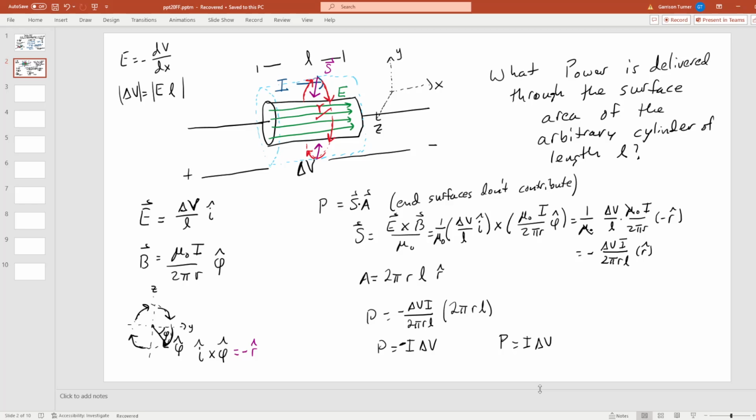Okay, so there's a very interesting subtle point here. And that is that the energy delivered to the resistor actually comes from the electromagnetic fields. And then that gets dissipated as heat. So this is the power delivered by the fields to the resistor. This is the power delivered by the resistor to the environment.